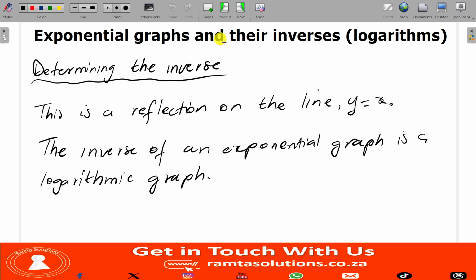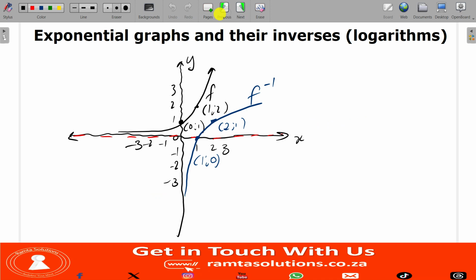So that means if you have y is equal to 2 to the power x, you just swap the values around. What was x becomes y, what was y becomes x, and you are good to go. Hence, this is the graph of the inverse.